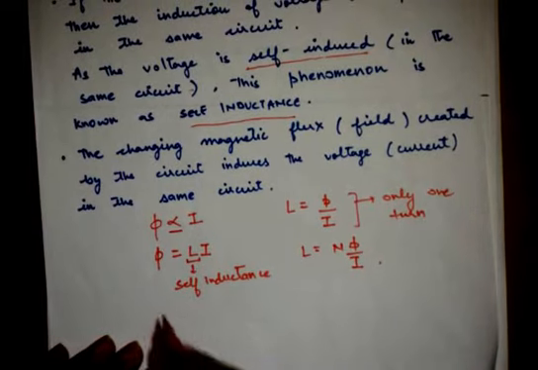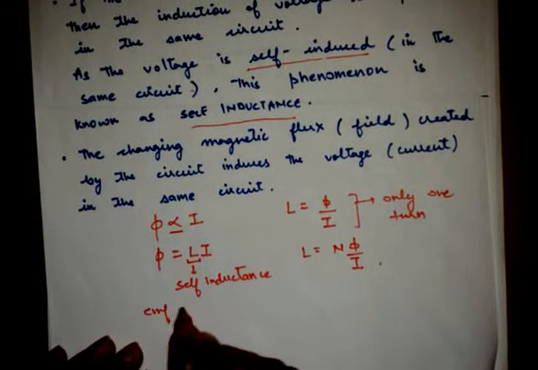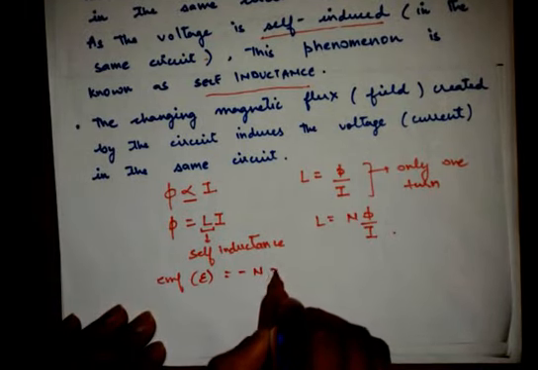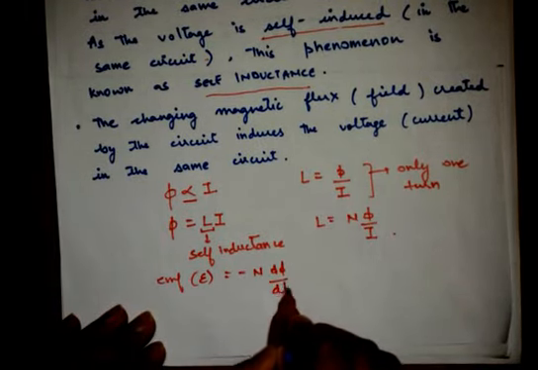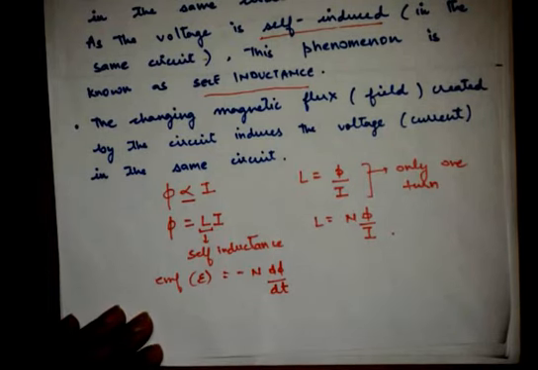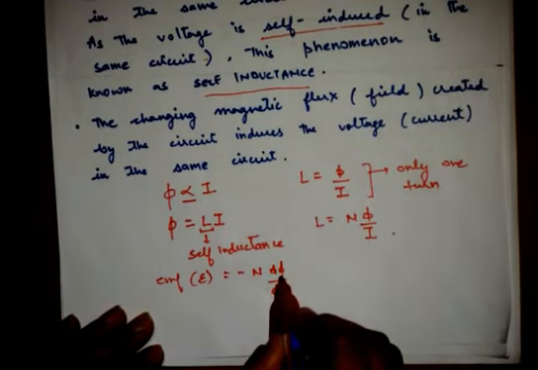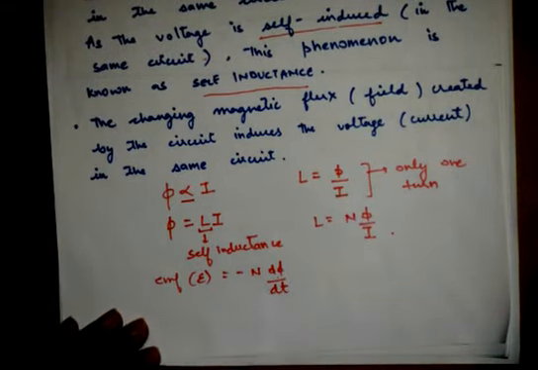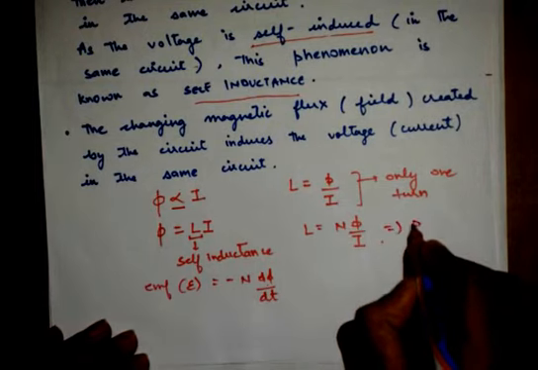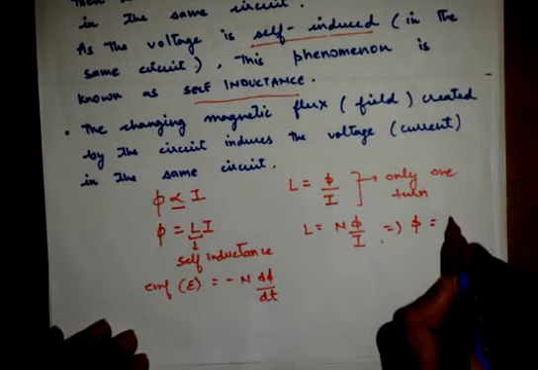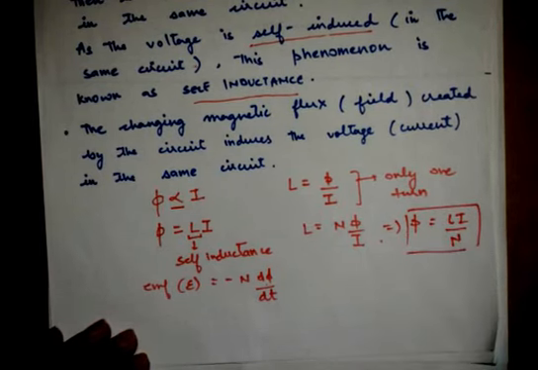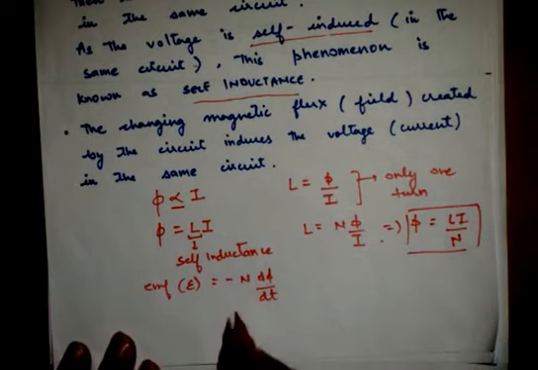Now according to Faraday's law, the EMF induced is equal to minus N d phi by dt. Now we can replace phi by this value. From here we can say that phi is equal to L I over N. So we can substitute the value of phi from this formula over here.